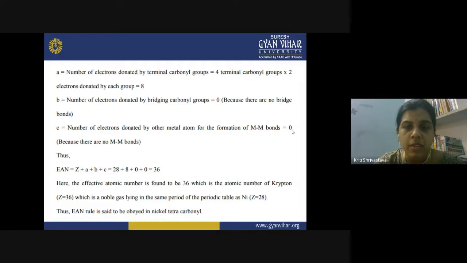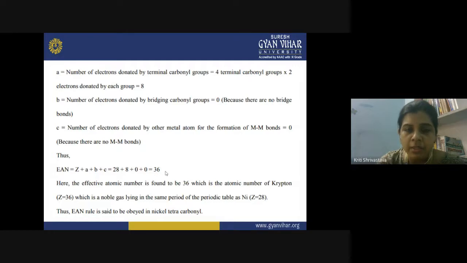We have no metal-metal bond in nickel tetracarbonyl, so the total contribution by this M-M bond will be 0, right? Now let us apply the equation. The effective atomic number of nickel tetracarbonyl will be Z plus A plus B plus C, so a total of 28 plus 8 plus 0 plus 0. You have a sum of 36.